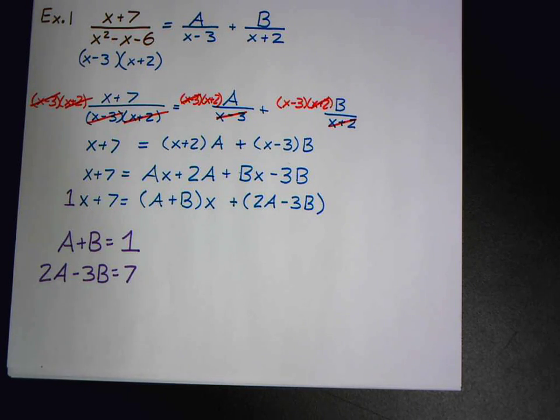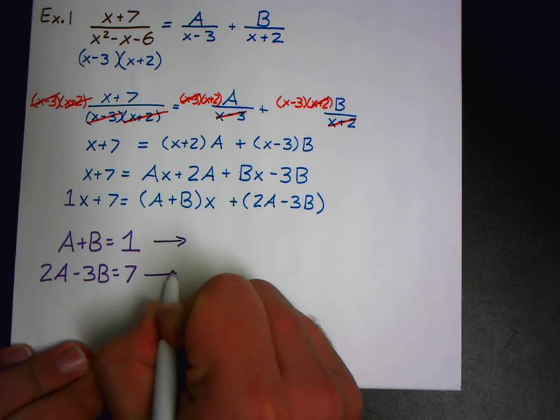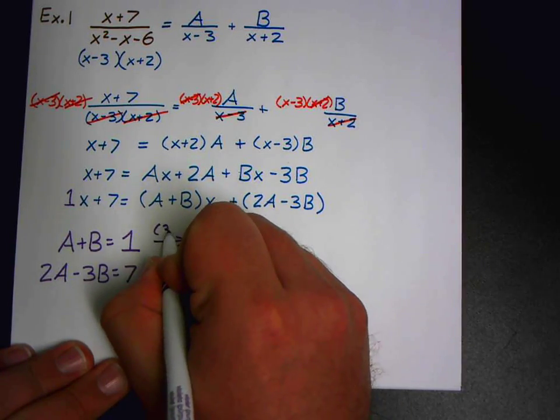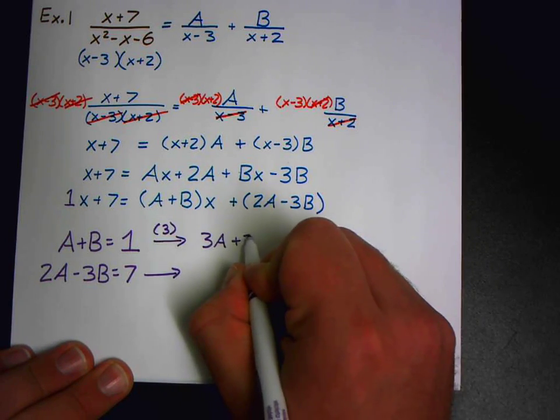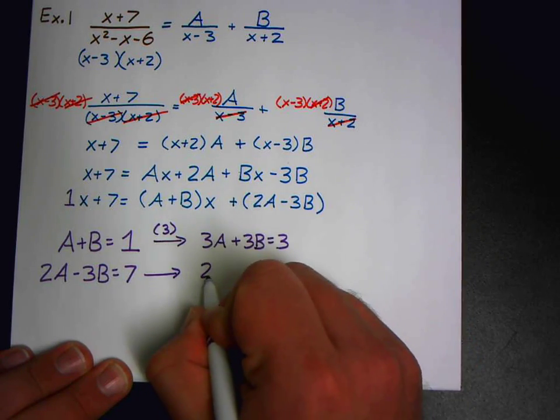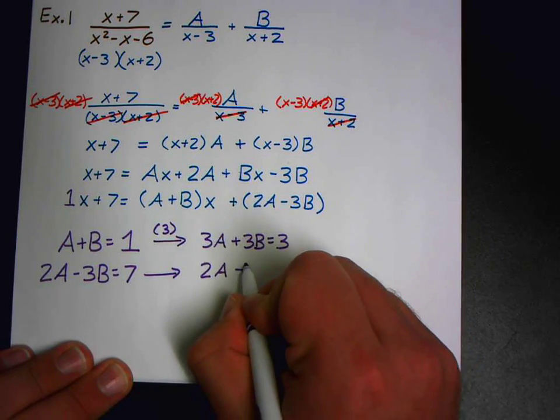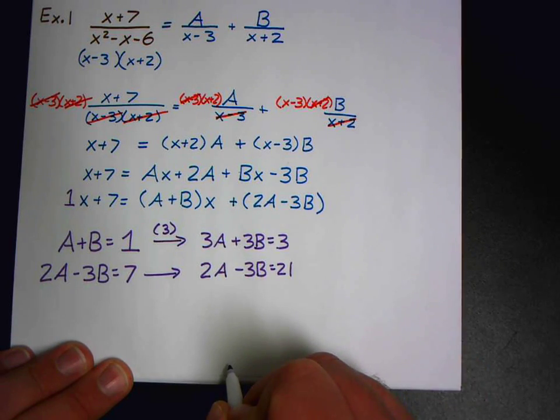Now that I have a system of equations, I can solve for A and B. Why did I take that times 3?